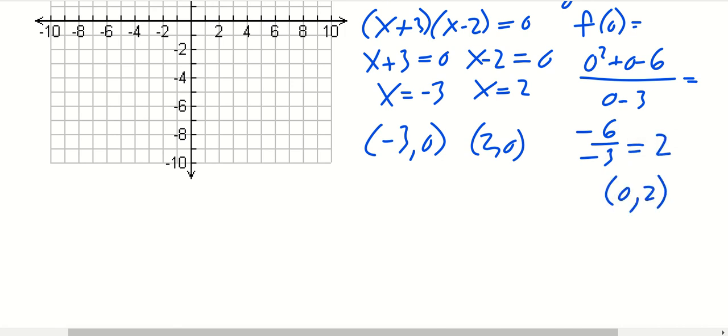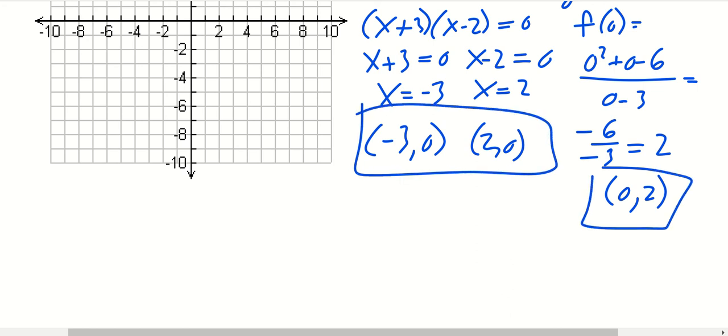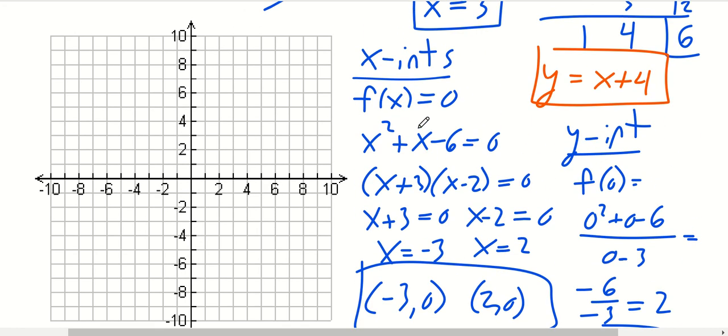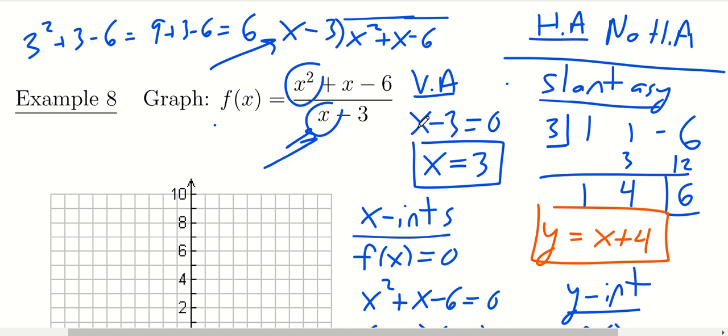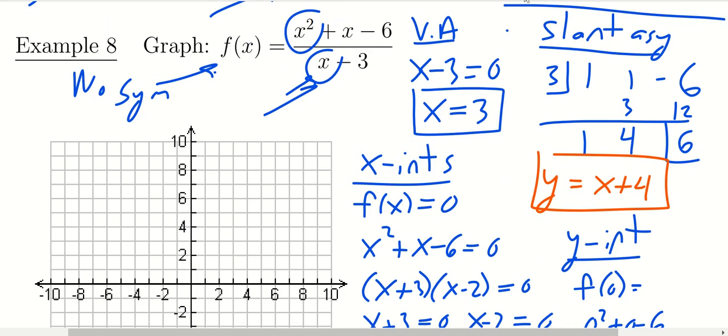So we have a y-intercept of 0 comma 2. Having some points and some asymptotes, we should be able to graph this thing. You can check for symmetries, by the way. There's no symmetry on this one. It's not going to be symmetric with either the y-axis nor the origin.